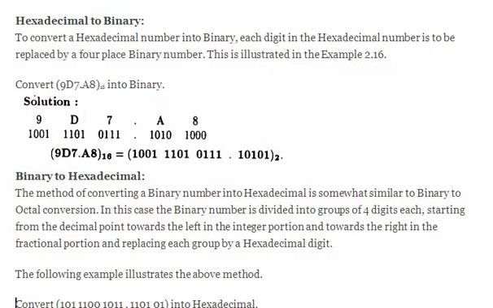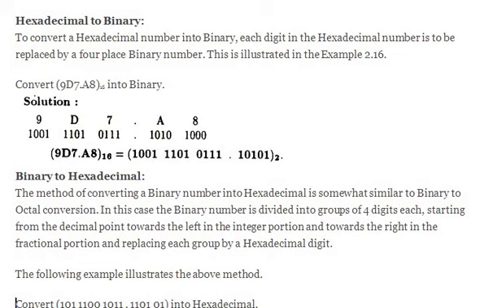So hexadecimal to binary. As I told you, the simplest method is convert hexadecimal to decimal and decimal to binary. The shortcut notation and what we are practicing here is, so 9D7.A8, 9 as I told you convert into binary. Hexadecimal is base 16, that is 2 to the power of 4, so convert it into 4 digits.